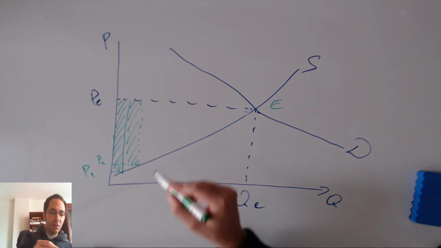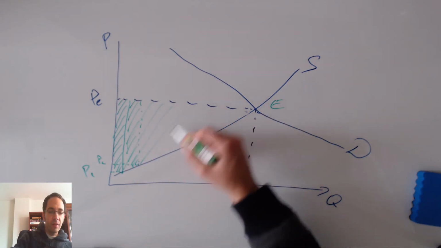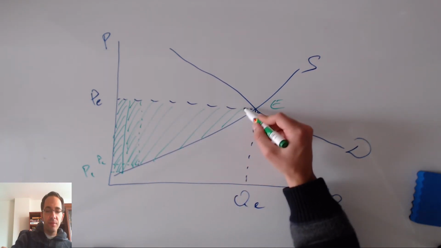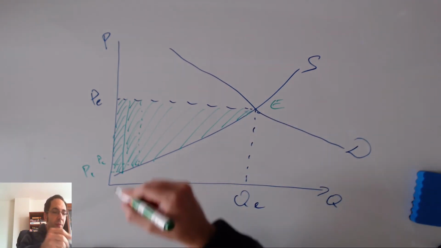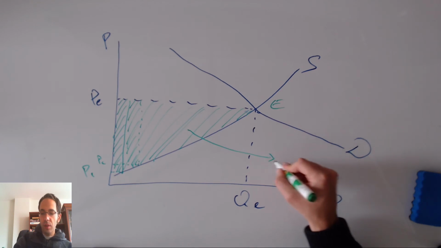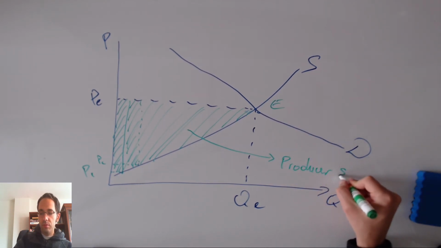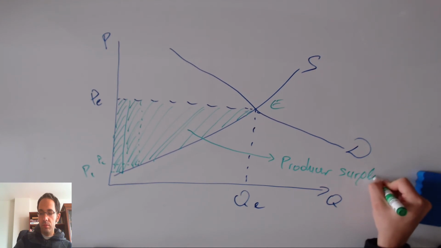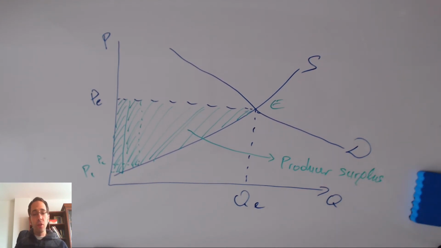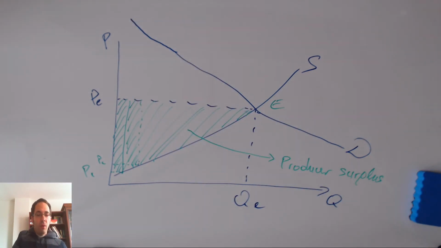But what we are going to do is just take the whole area, so the entire green triangle, and this will be my producer surplus. And on the top, as we saw, let me just extend this demand like this, we can have the consumer surplus.